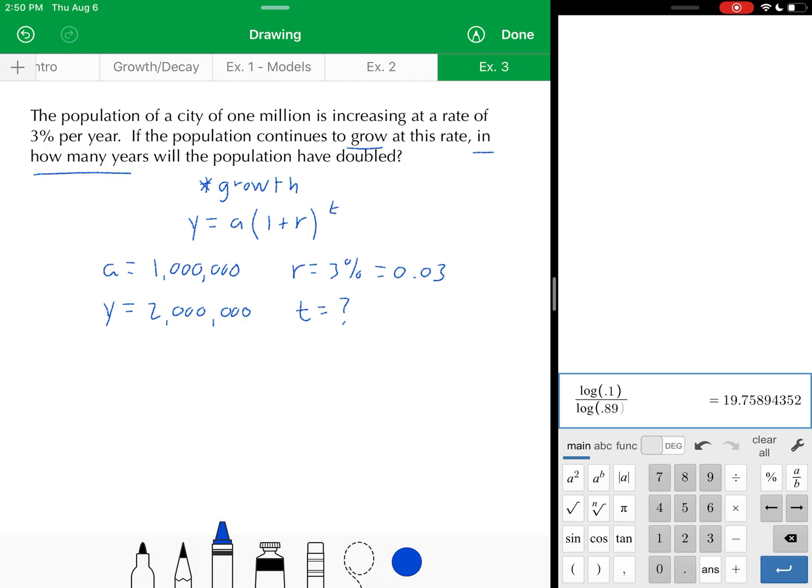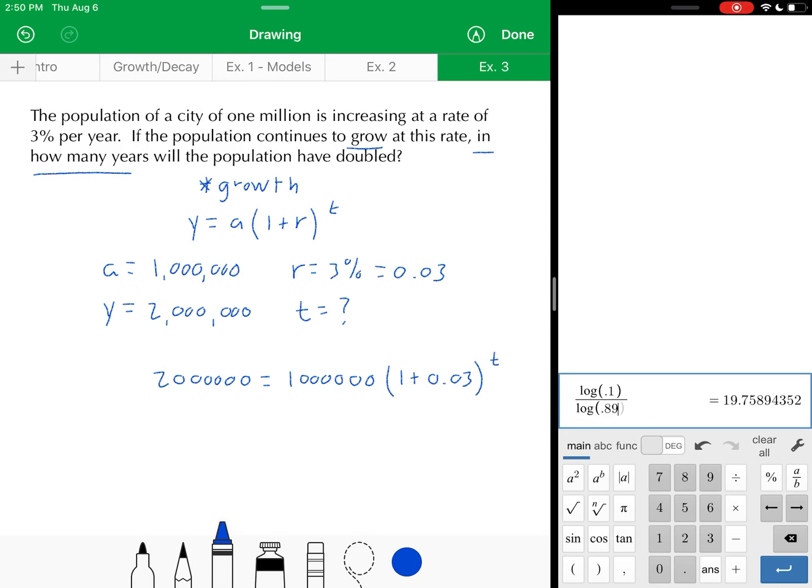All right, so we wind up with 2 million is equal to 1 million multiplied by 1 plus 0.03 to the power of t.